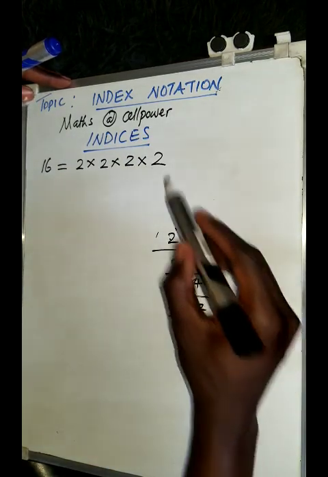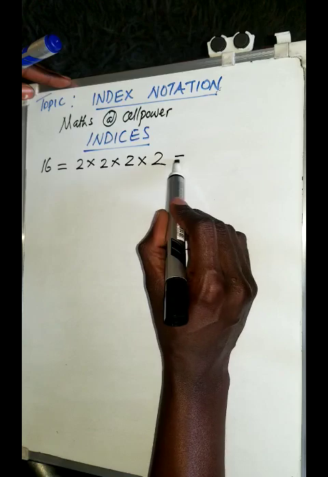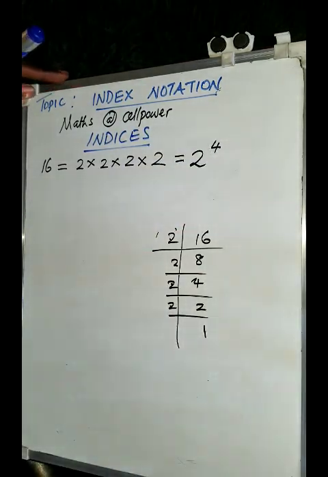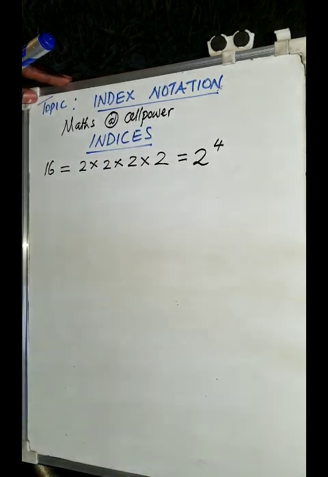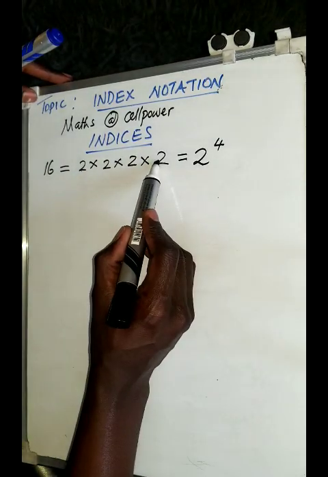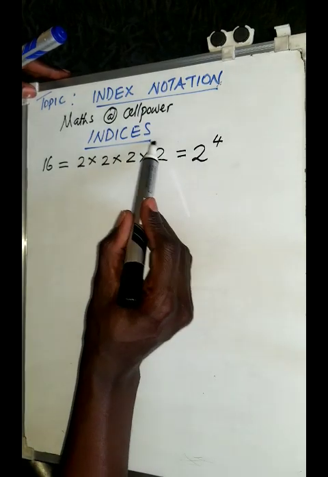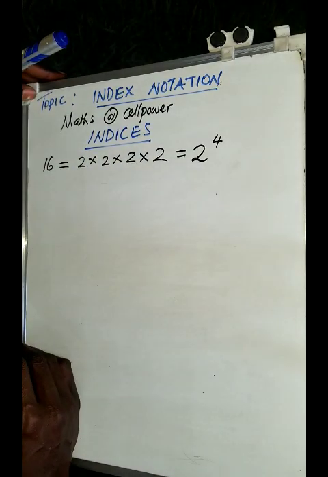Now, this can further be written as 2 raised to the power 4, because you have 1, 2, 3, 4 twos. In other words, it is abbreviated.